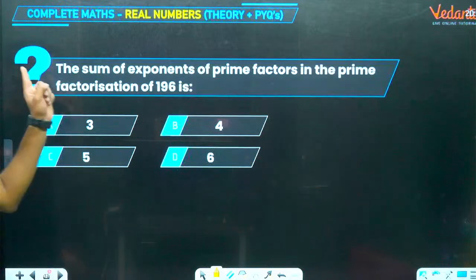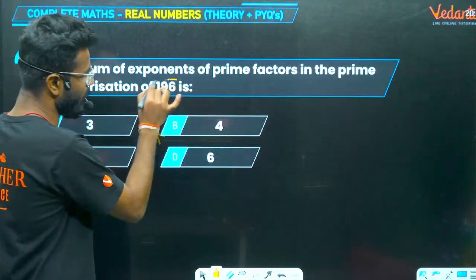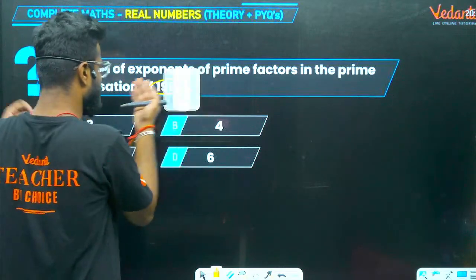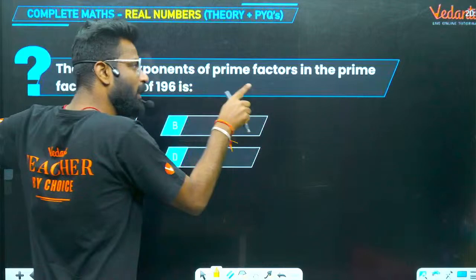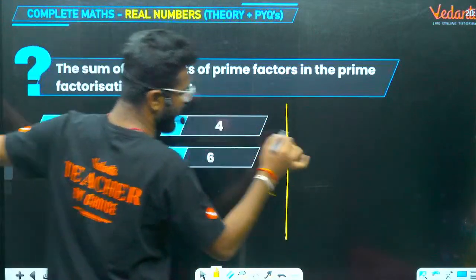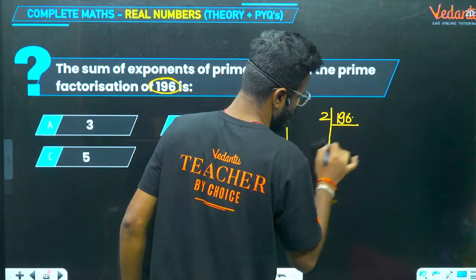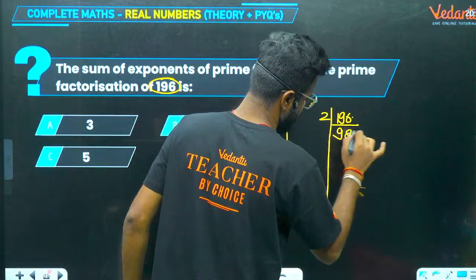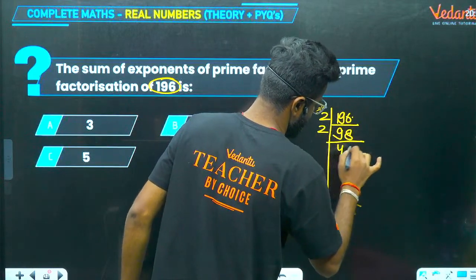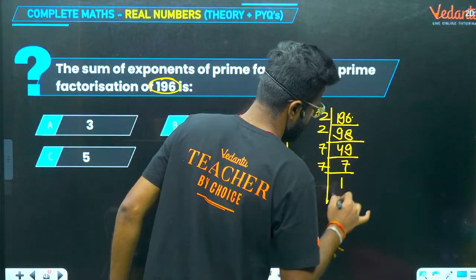The sum of the exponents of prime factors in the prime factorization of 196. Firstly we have to find the prime factors of 196. 2 9s are 18. 2 8s are 16. 2 4s are 8. 2 9s are 18. 7 7s are 49. 7 1s are 7.